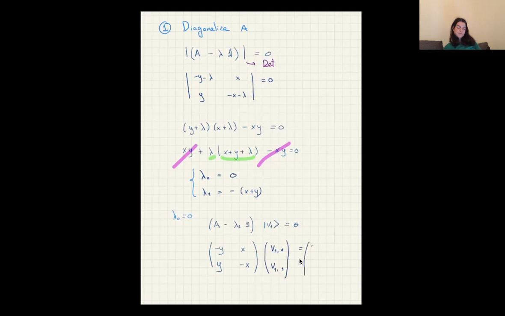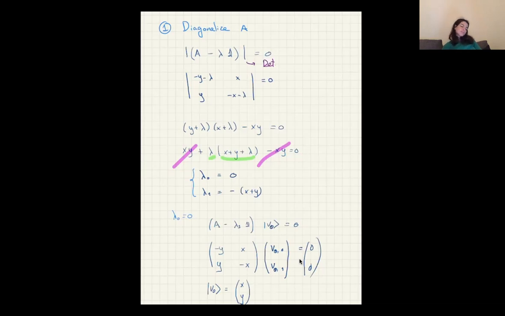And this needs to be 0, 0. We can solve this by hand, but in the end v_0 is x, y, up to normalization, which could be anything. But we don't care about this for now. So it's proportional to x, y, so this, for example, will solve it.